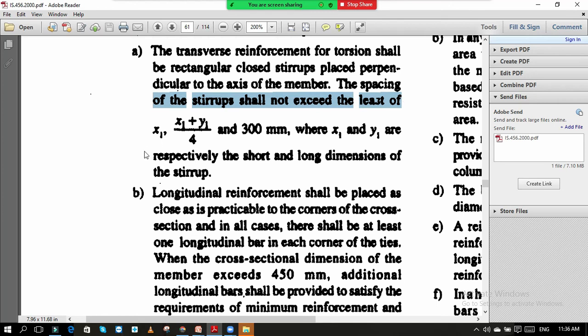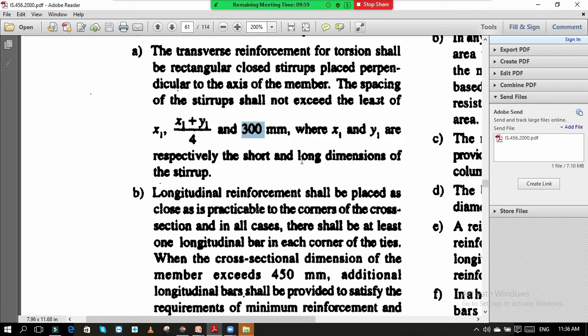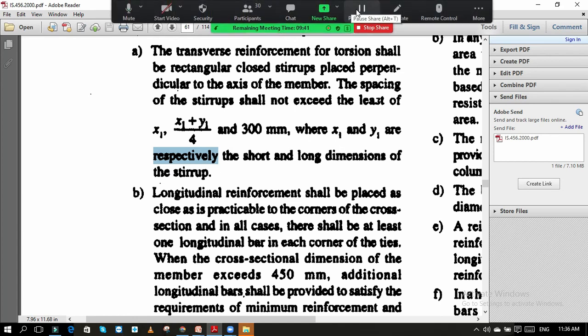Okay, so it is x1 first thing, x1 plus y1 by 4 second, and in no case more than 300 mm, where x1 and y1 are respectively the short and longer dimensions of the stirrups. आता x1 काय किंवा y1 काय we will see here only, so that you will not get confused.